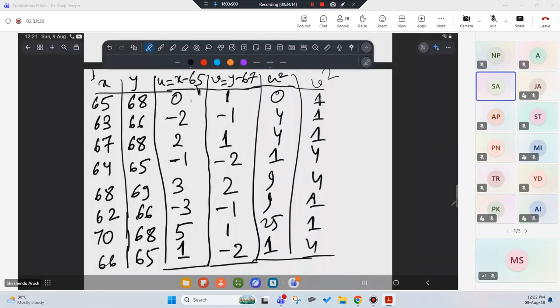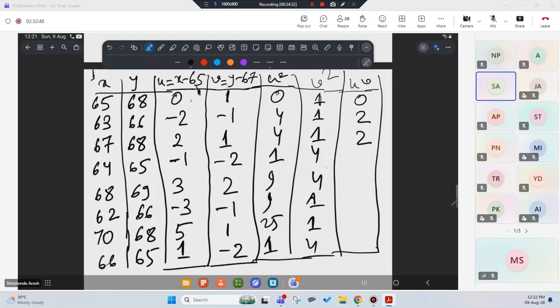So that is the beauty of making the things quite small. And finally, I need the uv to find out the covariance. So, third and fourth column multiplications: 0, 2, 2, 2, 6, 3, 5, minus 2.